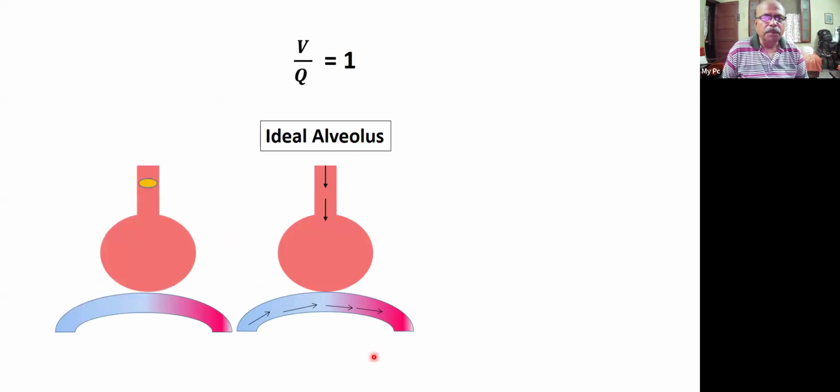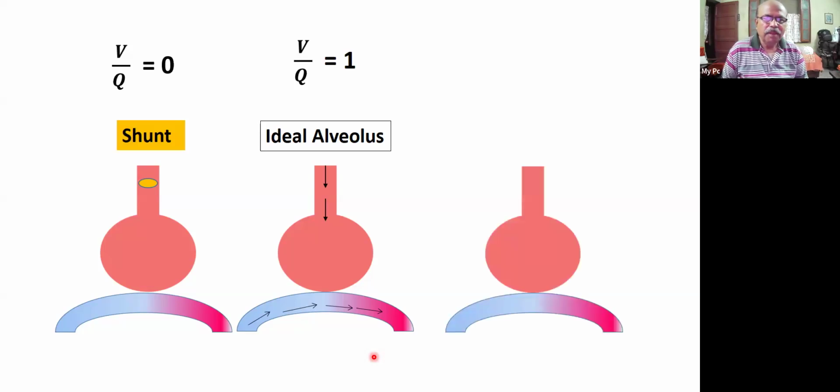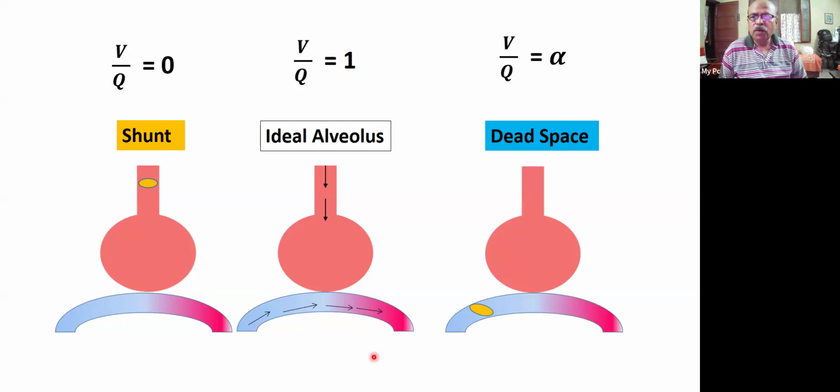Now, if there is a block in the breathing tubes, that is the airways, the ventilation is 0 and the perfusion is the same, so it is a shunt. On the other hand, if there is a block in the pulmonary capillaries leading to that alveolus, we have a ventilation perfusion ratio of infinity because there is no perfusion, the denominator is 0 and the ratio is infinity. We call it a dead space.